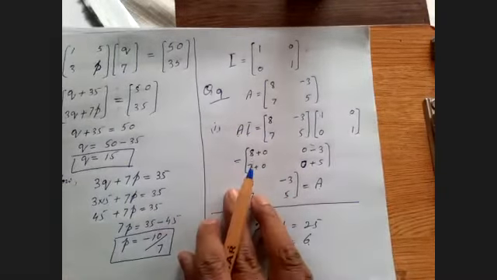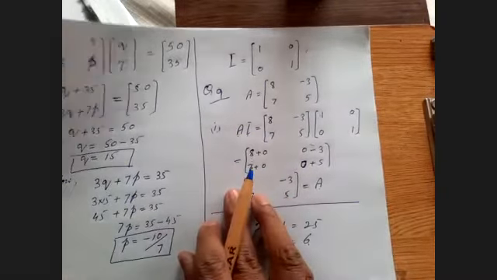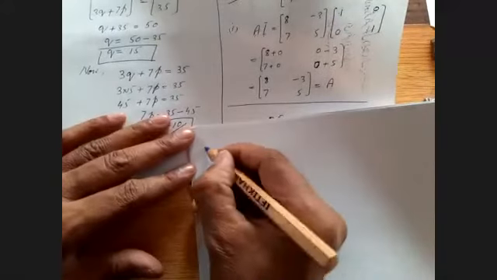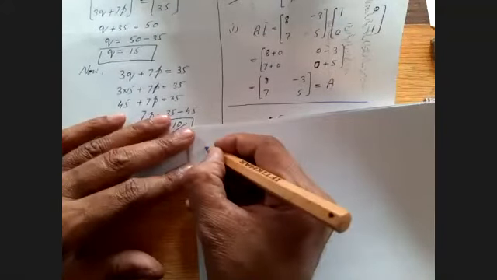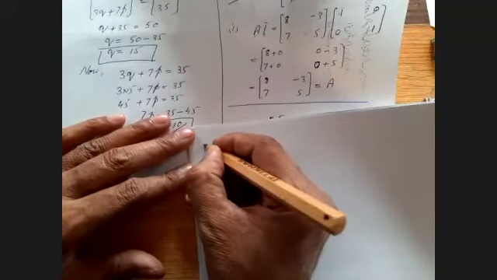Now let me do in the reverse order, that I into a. This is the second part of the same question, in which he is asking you to find out I into a. Now you have to write the identity matrix first.